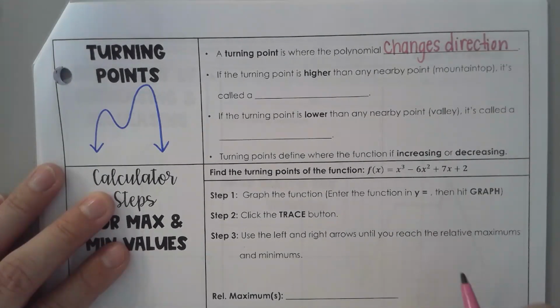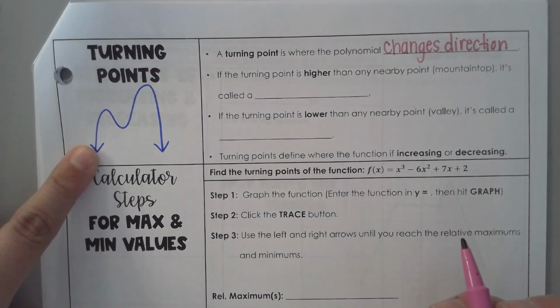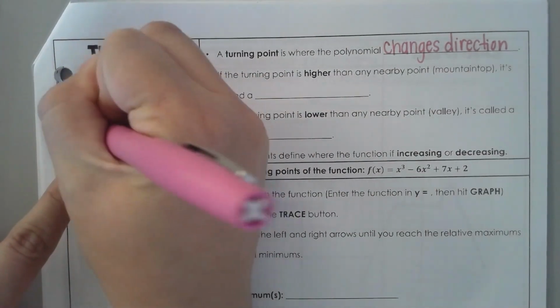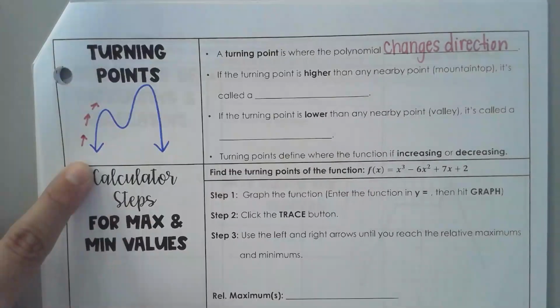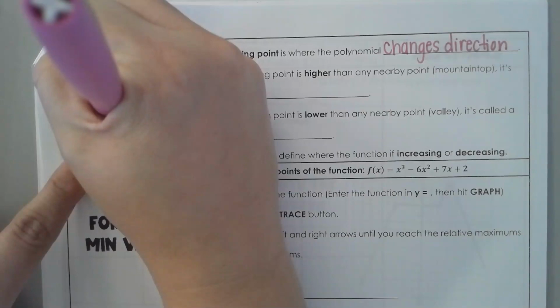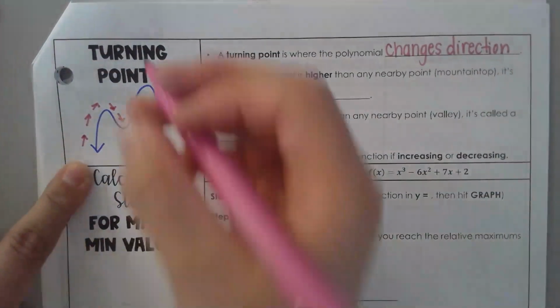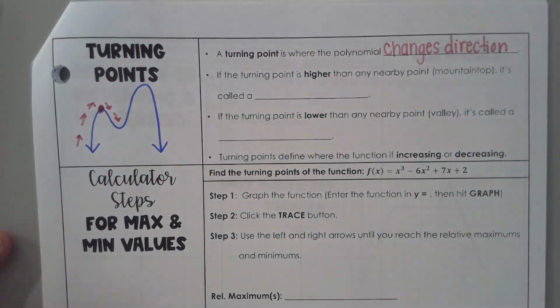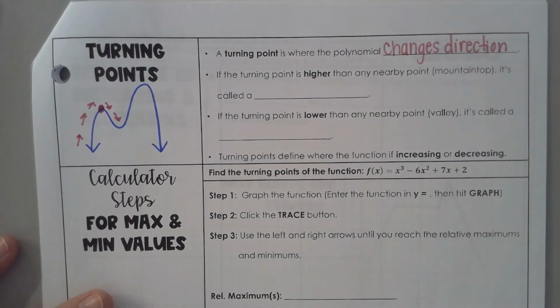So for example, if I were to put my finger on the far left and trace, I'm going uphill at first, but then I change and I go downhill. This point at the very top is a turning point. It went from going uphill to downhill.